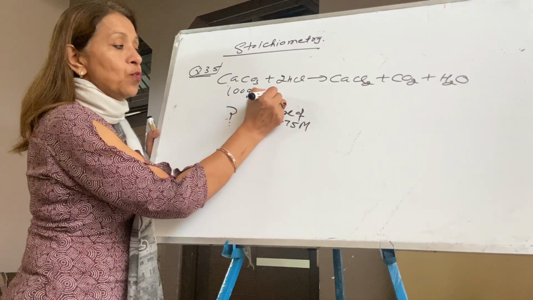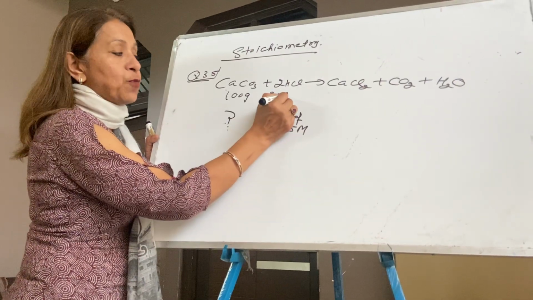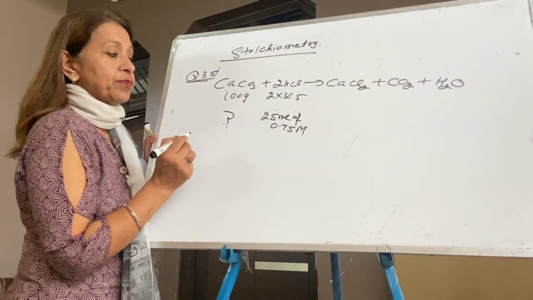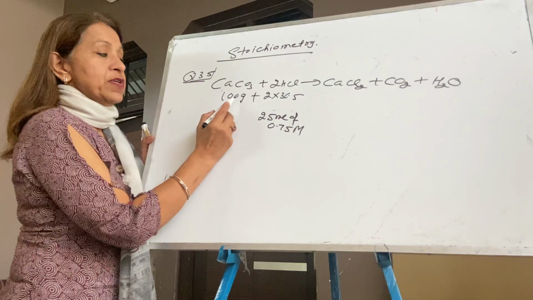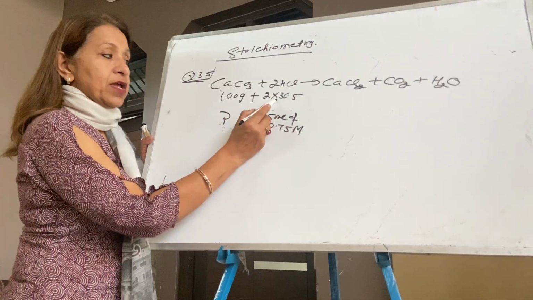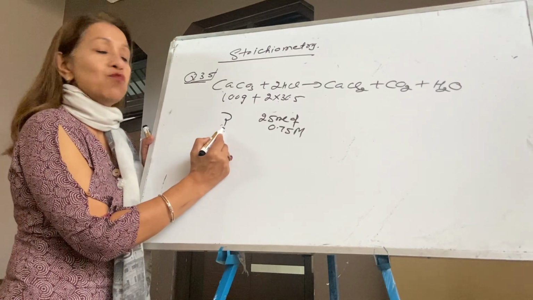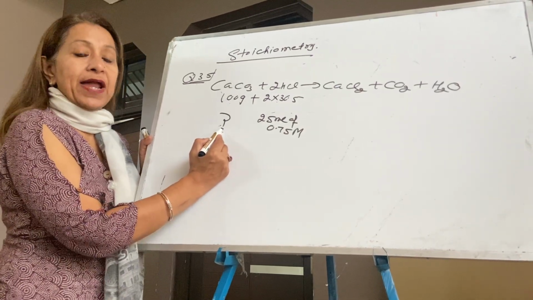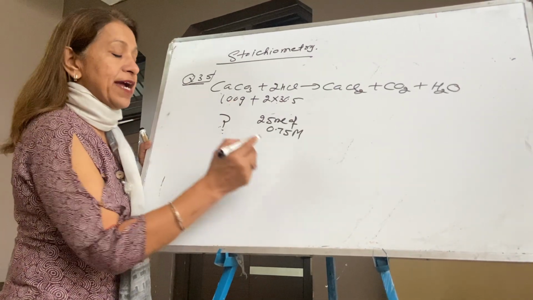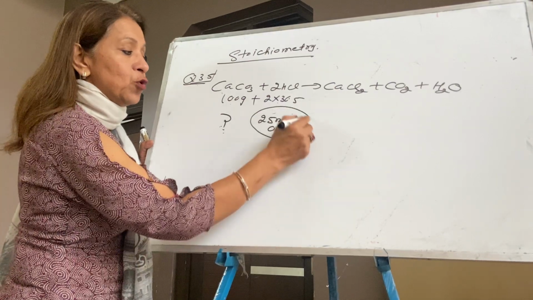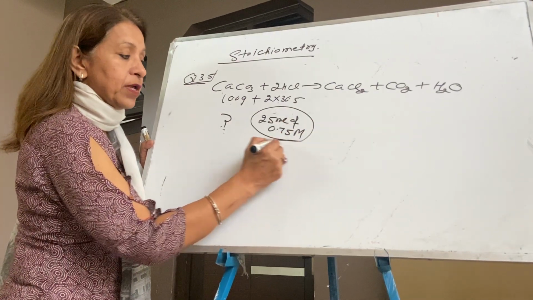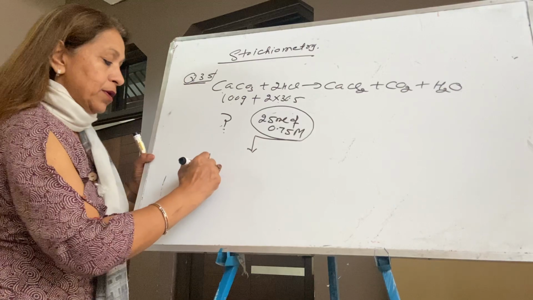And it is 2 into 36.5 as the actual M. So what will you do? If this much HCl reacts with this, then how much calcium carbonate will this much HCl react with? Apply the unitary method. But before that, you convert it into mass and apply the formula.